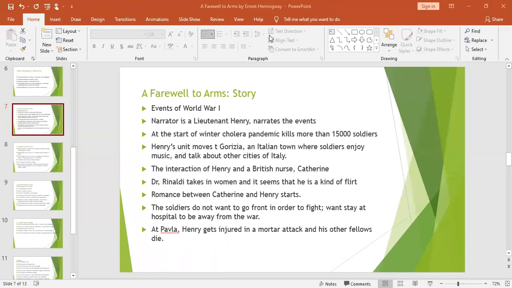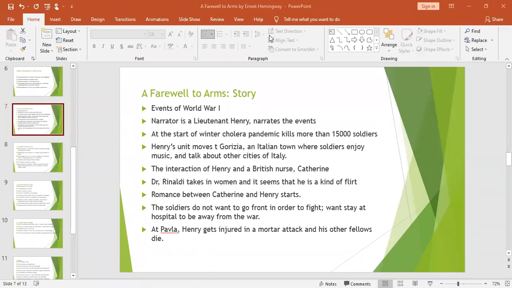Basically, the front is there, and the First World War is going on. So soldiers are fighting, and there is, absolutely, interaction between nurses, doctors, and soldiers at the same time, because doctors and nurses are there to help and support the injured soldiers.